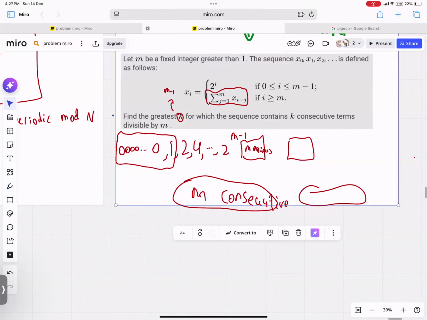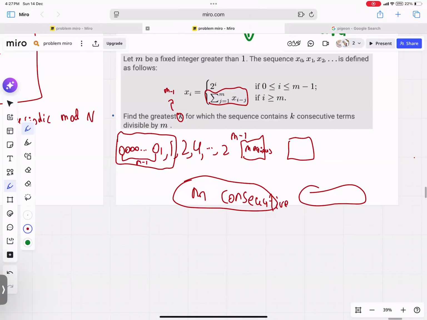Yes. So we have m minus 1 ones and 1. Yeah, so this 1 is the sum of these m terms, which is 1. This 2 is the sum of these, which becomes a 2, and so on. Is that fine? Yeah, makes sense.